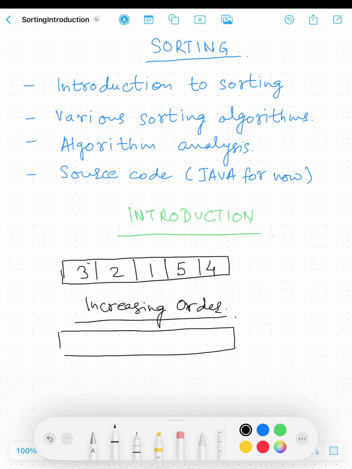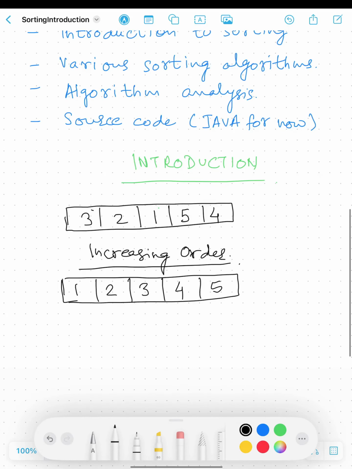When we talk about increasing order, the values go from lower values to higher values, and our final array after sorting in increasing order is going to look like this.